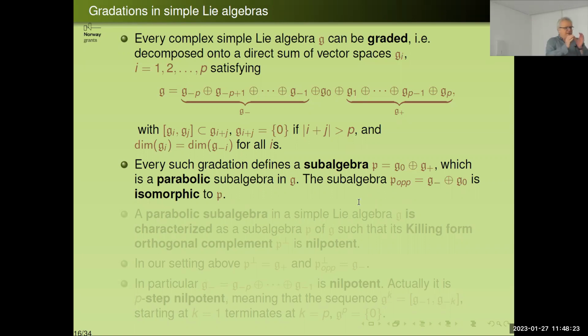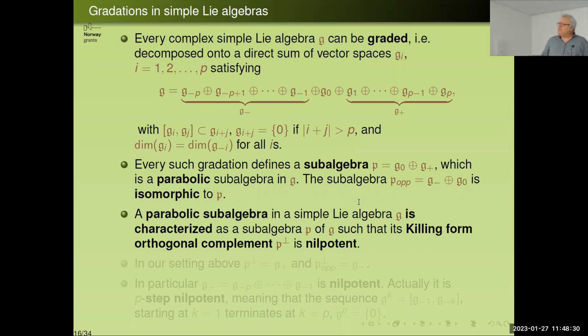Okay, so if you have a simple Lie algebra, you can grade it like this. And what is a parabolic subalgebra in a simple Lie algebra G? One can characterize it as a subalgebra of G for which its orthogonal complement with respect to the Killing form is a nilpotent Lie algebra.